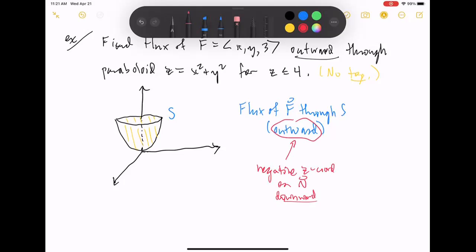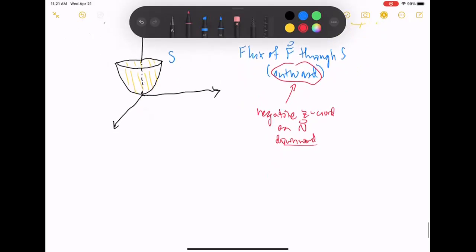Okay. I think that we're in a position to be able to compute this thing. We want the double integral over S of F dotted with n dS.